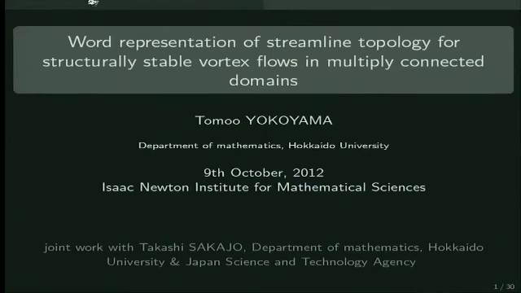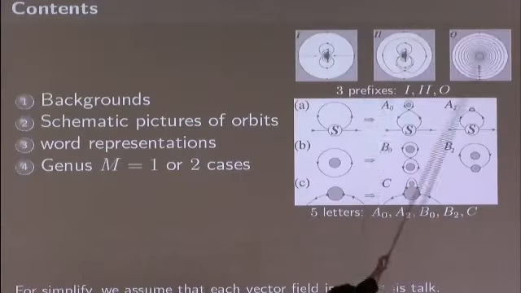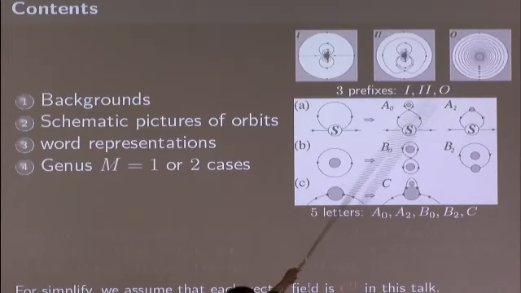So this is the content. First, I'm talking about the background, and second, I'm talking about the schematic picture. So what is a schematic picture? These are usual flow lines, but a schematic picture is a little bit simplified, like these pictures.